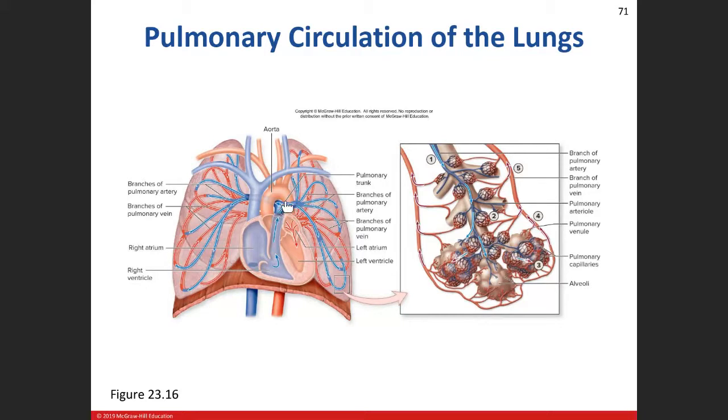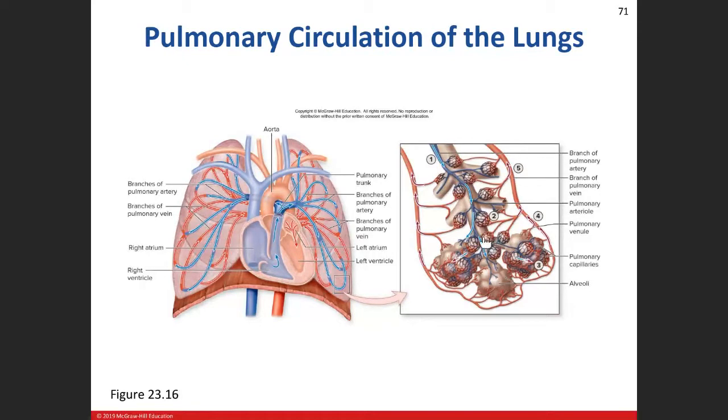They will travel throughout to the different lobes, into the different segments, into the different lobules, and so forth. Eventually it will start to scale down into the pulmonary arteriole. And these pulmonary arterioles will then branch out into the pulmonary capillaries. That's when we'll get the exchange of blood.